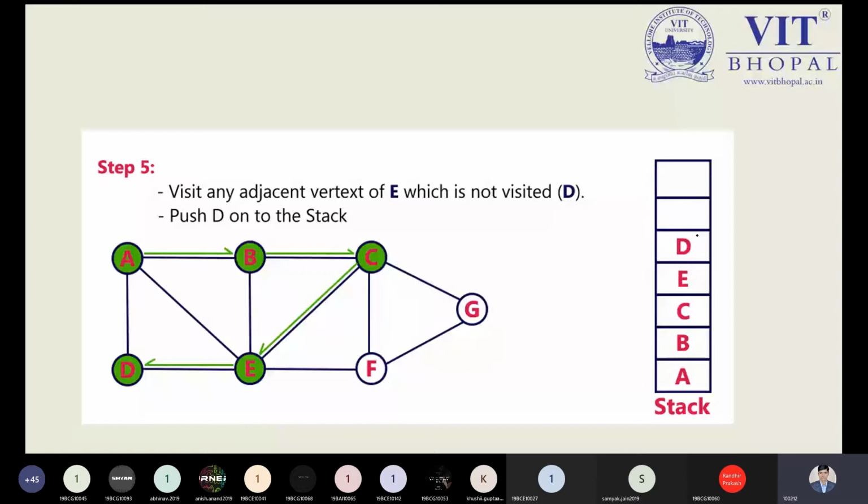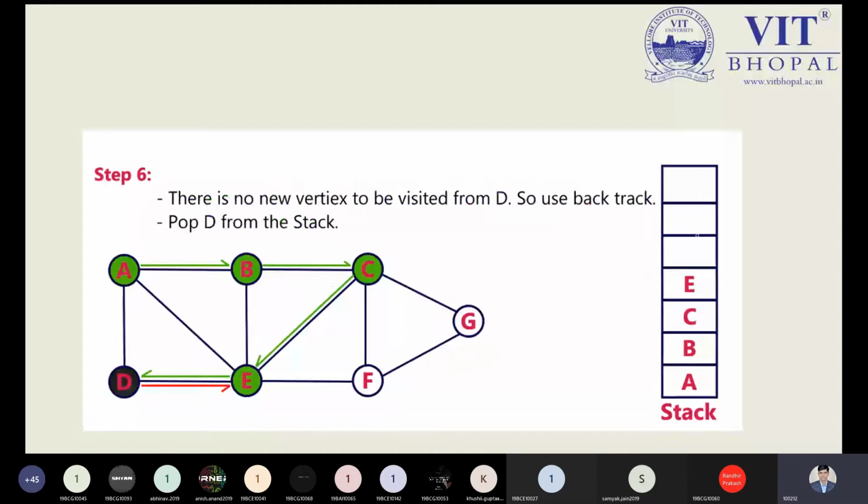After D, we must see this important point: A is already visited and E is already visited. Then after D, we must apply backtracking. Backtracking means this node is already visited, then we go to E or another part. Now the color of this node is changed, and on determining this, there are no new vertices to be visited from D, because A and E are already visited.